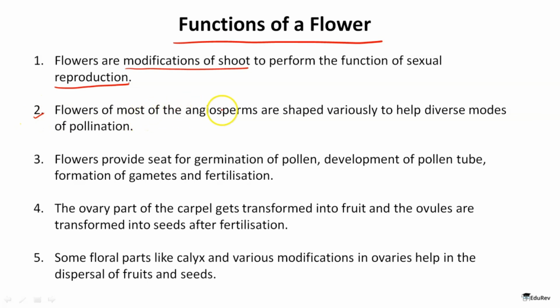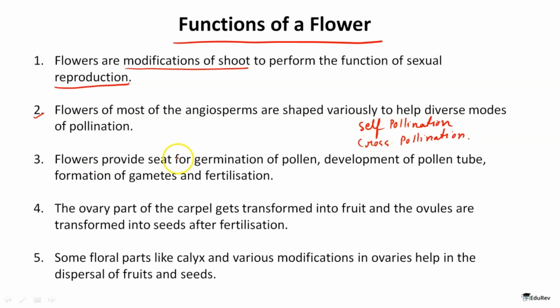Flowers of most of the angiosperms are shaped variously to help diverse modes of pollination, like self-pollination and cross-pollination. So to do the self-pollination and cross-pollination, angiosperms have various shapes according to that.